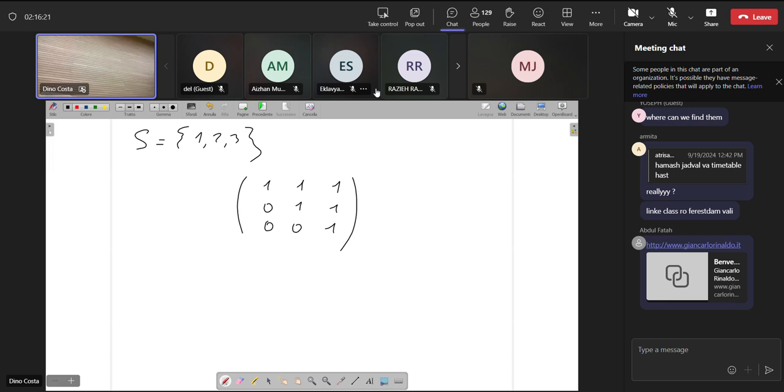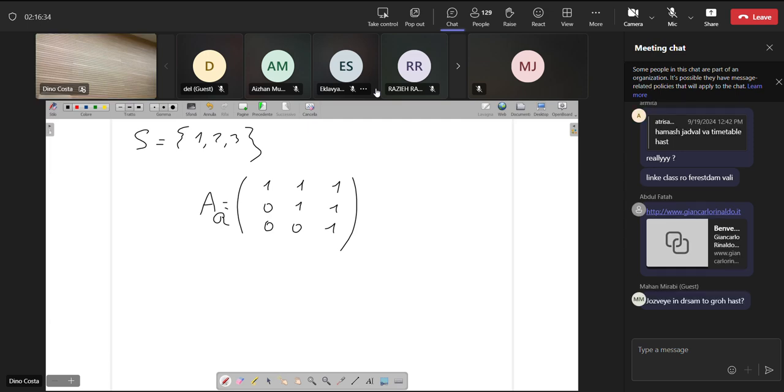So this is the so-called matrix A, in some sense related with the relation R. What is this relation?